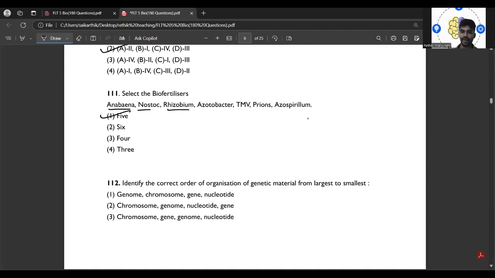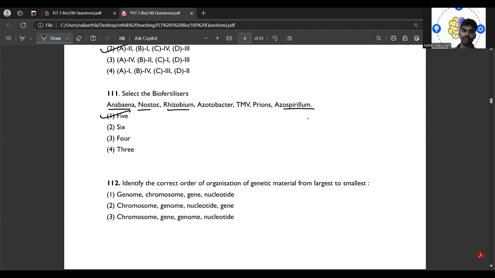Then we also have Azotobacter, then TMV and prions. They are infectious ones. Azospirillum will also come here.